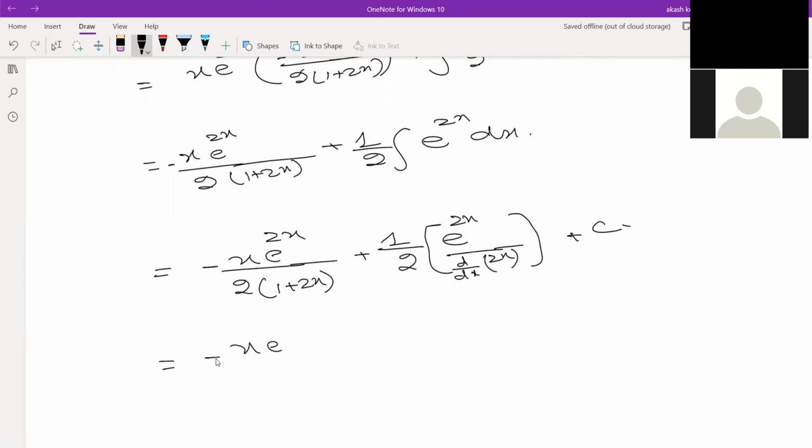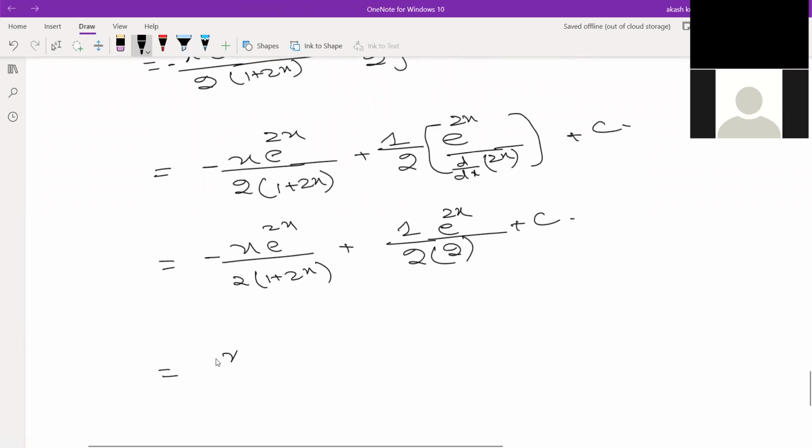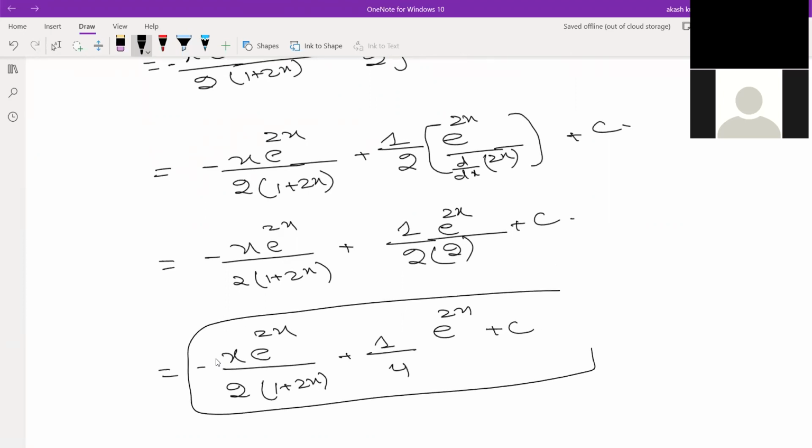So minus x e raised to the power 2x divided by 2, 1 plus 2x, plus half. The integral of e to the 2x is e to the 2x as it is, and we differentiate 2x, and there will be a plus c for the integration. So it will become e raised to the power 2x, and the differential of 2x is 2, plus c. So it will become minus x e raised to the power 2x over 2, 1 plus 2x, plus 1 over 4 e to the 2x plus c. That's the answer.